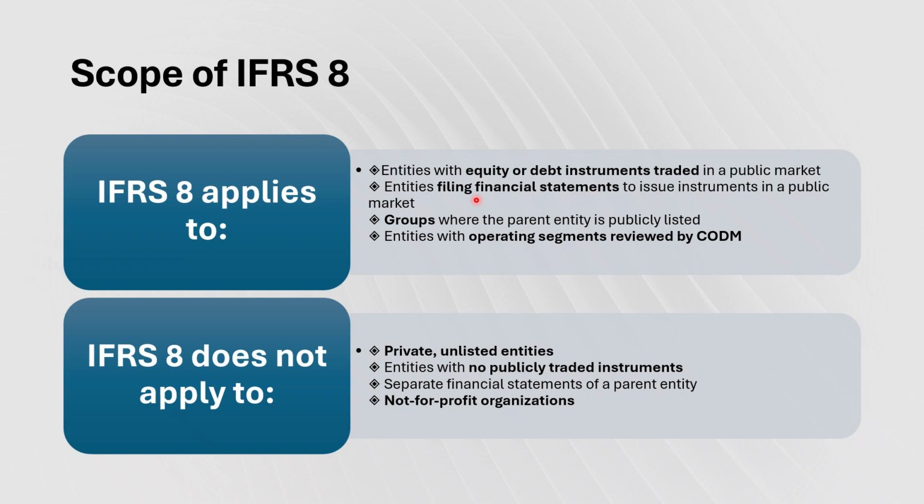For groups, IFRS 8 applies at the consolidated level and it focuses on operating segments reviewed by management for decision making. However, IFRS 8 does not apply to private or unlisted entities, companies with no public instruments, separate financial statements, or not for profit organizations.